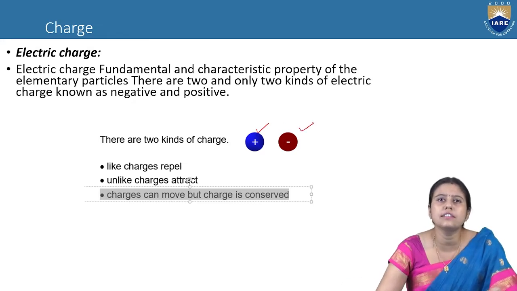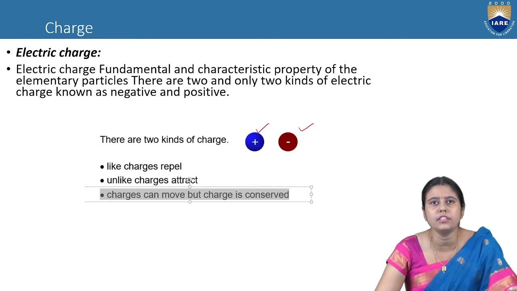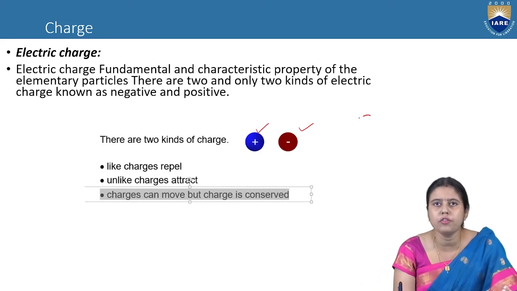What is the physical significance of positive charge and negative charge? Atoms have an equal number of protons and electrons. The electrons are on the outer orbits, and in the nucleus there are neutrons and protons.